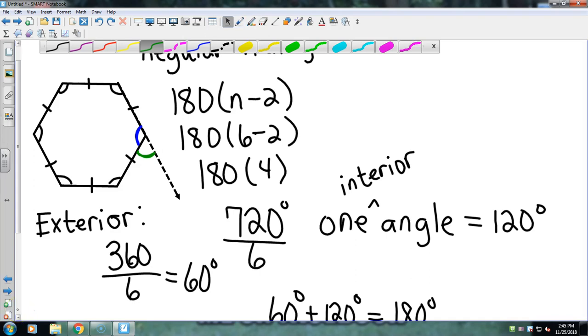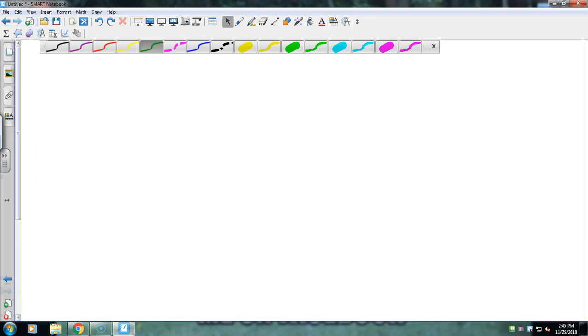So let's look at something a little bit different. Let's take it one step further. What if we knew the sum of the interior angles was 540 degrees?